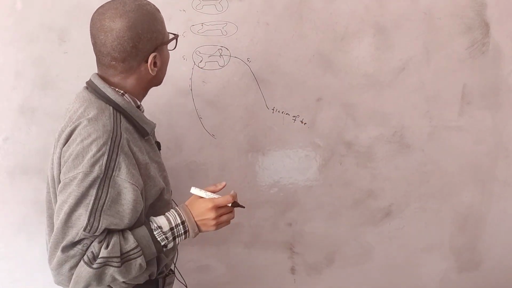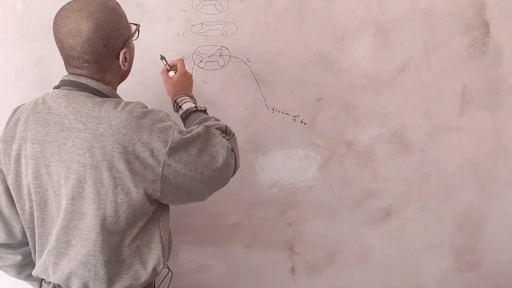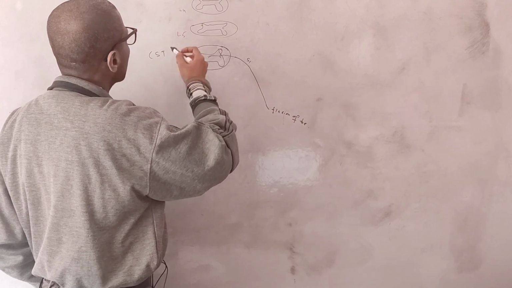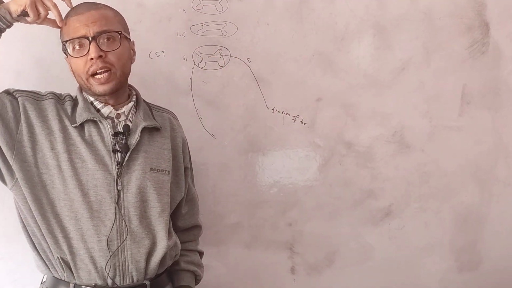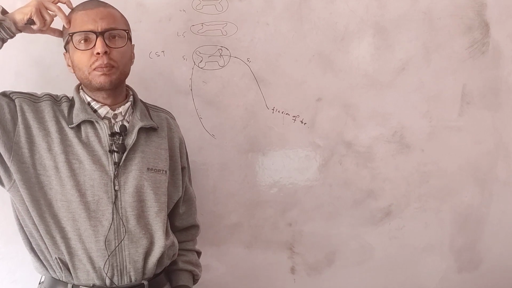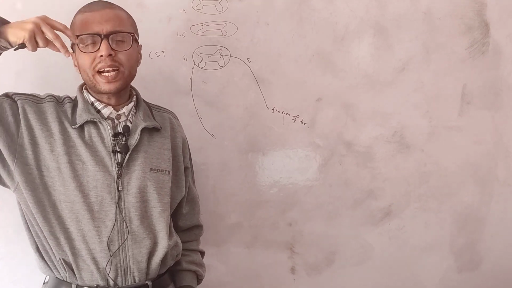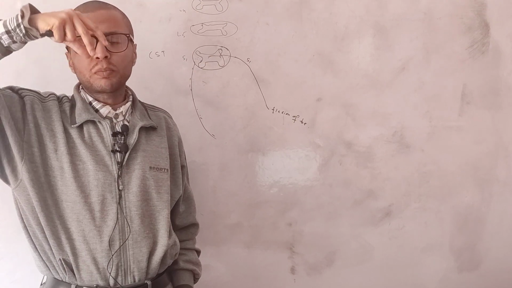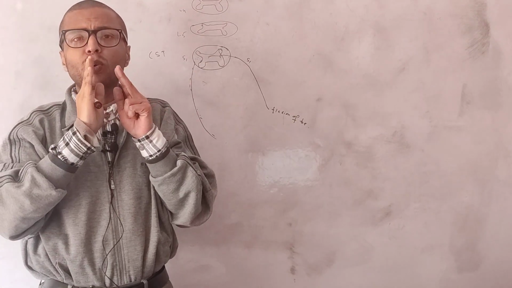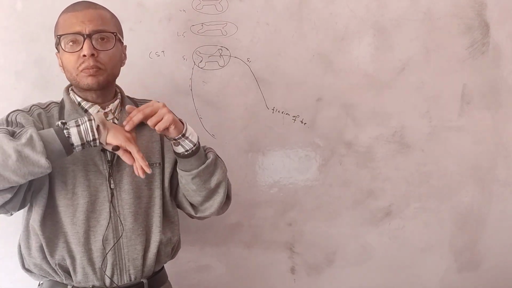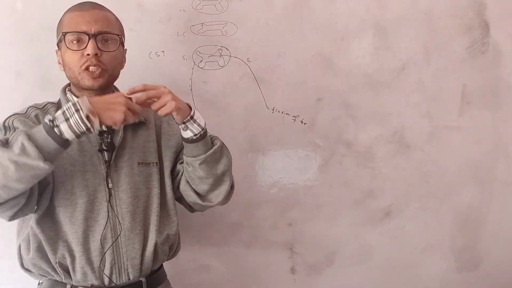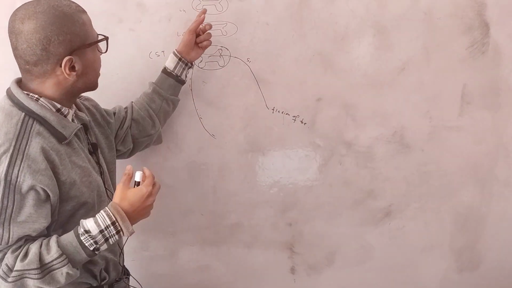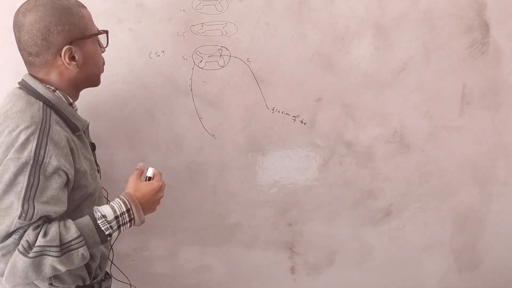But let's suppose there is dysfunction or any problem in the corticospinal tract. The corticospinal tract travels from the primary motor cortex and supplementary motor cortex through the corona radiata, crosses at the medulla, and then comes into the spinal cord in the anterior part of the spinal cord.